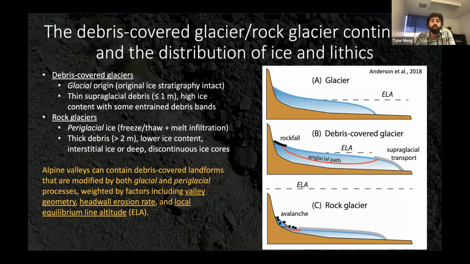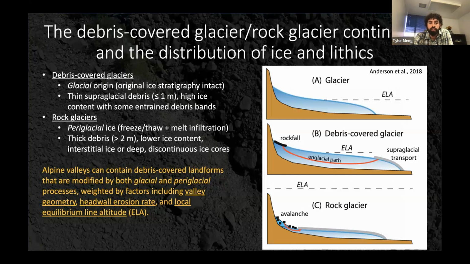Essentially, we're working with two end-member scenarios of this continuum, where debris-covered glaciers are of purely glacial origin. The ice has never melted and the original stratigraphy is in place. The debris layer is relatively thin, and there may be some entrained debris layers due to oscillating ice mass balance that can bury superglacial debris layers.